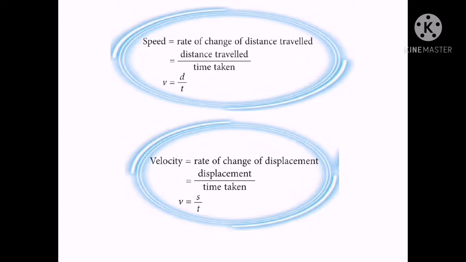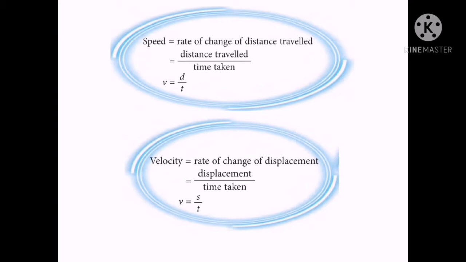Now let's look at speed and velocity. I'm sure you have heard of these terms in your science and also your math in lower form. Now let's look at the definition. Speed means rate of change of distance traveled, whereas velocity would be the rate of change of displacement. Now tell me, which one is a scalar quantity and which one is your vector quantity?